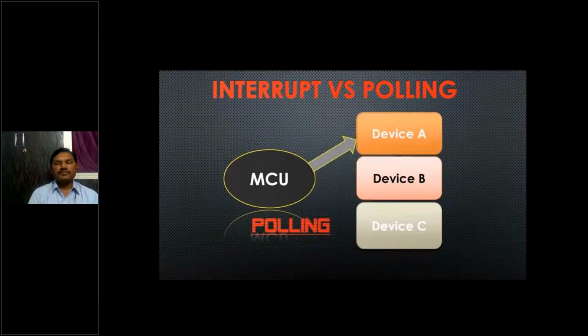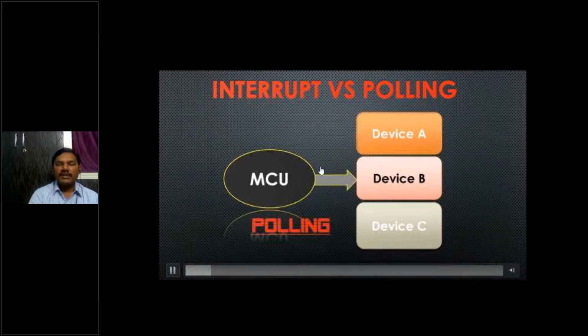See here, what is this microprocessor or microcontroller doing? It is continuously checking. First it checked device A and device B, and now device C. If any device needs service in terms of polling, then it will service that device.